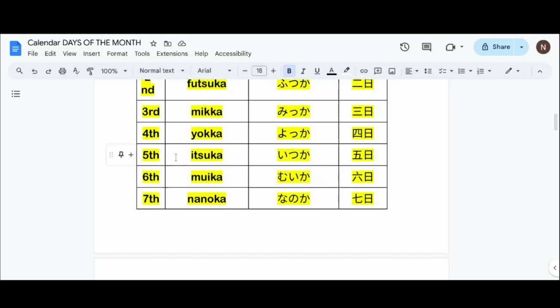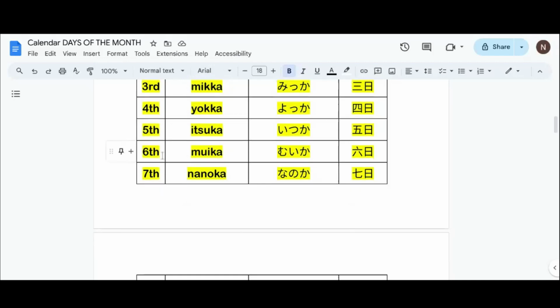For your fifth, itsuka. Itsuka. For your sixth, muika. Muika.